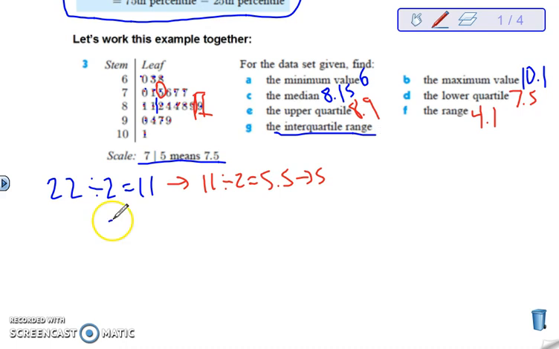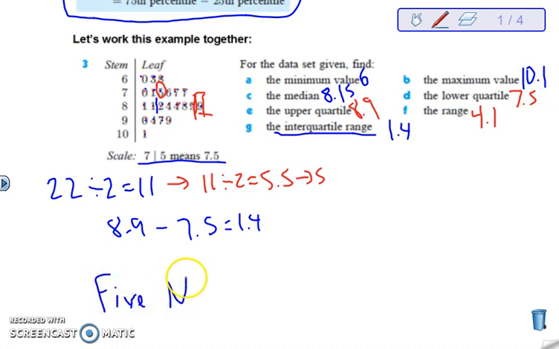So I'm going to take my 8.9, subtract out my 7.5, and that's going to give me 1.4. So remember that the minimum, median, maximum, and your 2 quartiles give you the 5-number summary. When you are asked for that, know that that's what it means.